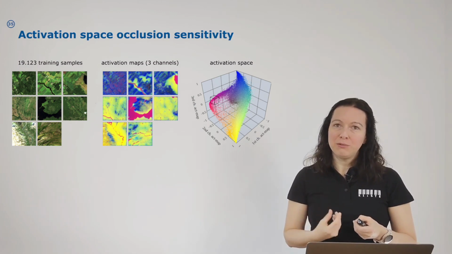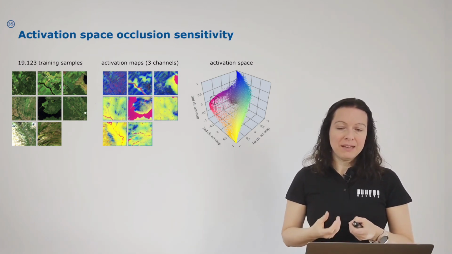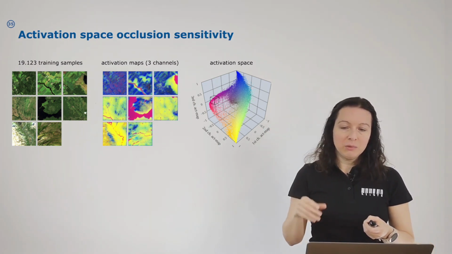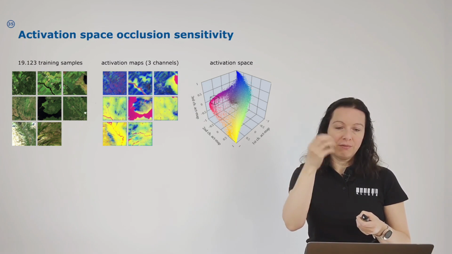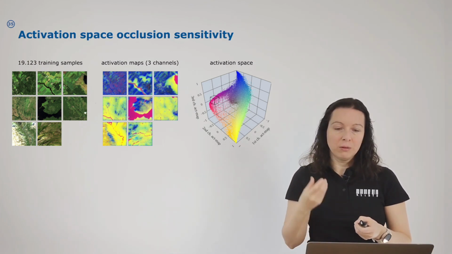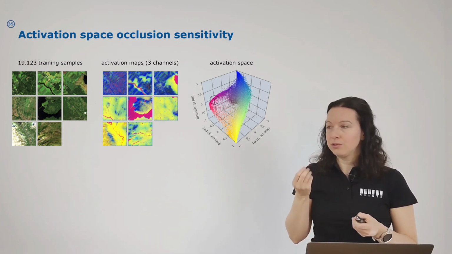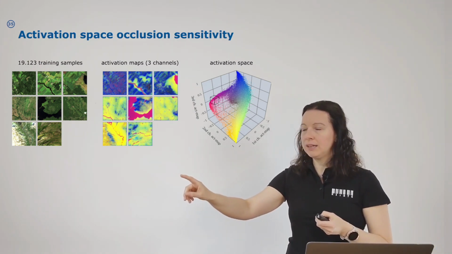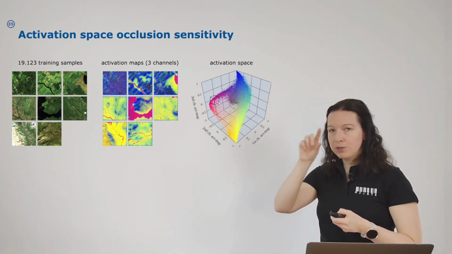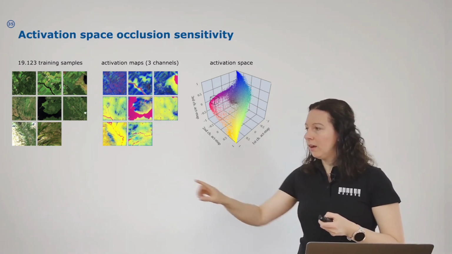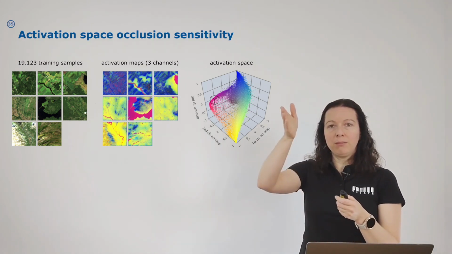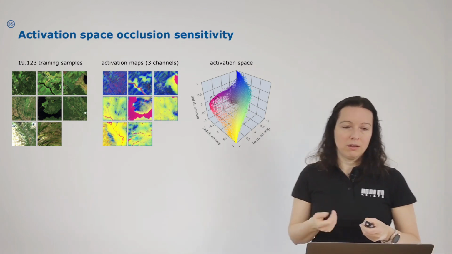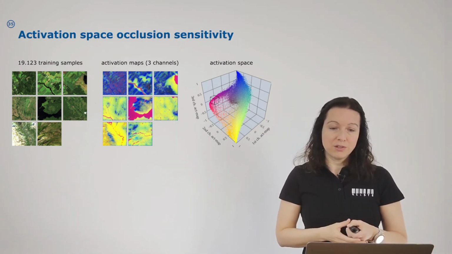So we defined a cube, and we systematically went through the whole activation space, and we set all activations which fall into this cube to 0. So we went back from the activation space to the activation maps, and all activations which fall into this cube are set to 0, and then we fed back these newly covered-up activation maps and saw how the score of the output changed.